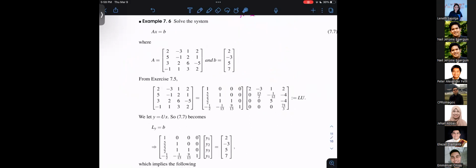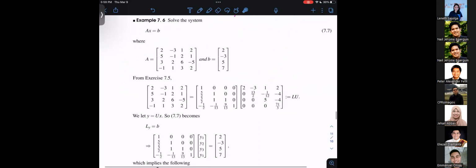All right. Now in example 7.6, I have the matrix system given in equation 7.7. Here's my coefficient matrix, and this is my right-hand side vector. Now, again, you can interpret it as finding the best parameters. Say you are modeling something, and you have 4 parameters. Say, just for the sake of example, maybe you have your birth rate, mortality rate, immigration rate.